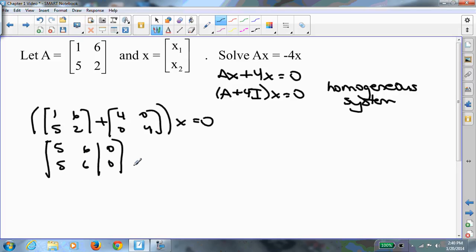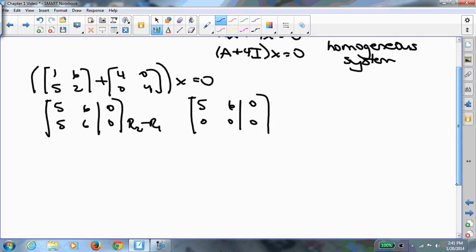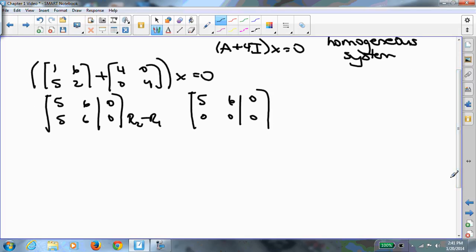So using row operations, basically I'm going to do row 2 minus row 1, and I'm going to get 5, 6, 0, 0, 0, 0. So the solution to this is going to be an infinite number of solutions. Basically, the solutions have to satisfy the equation 5x1 plus 6x2 equals 0, or x1 equals negative 6 fifths x2.